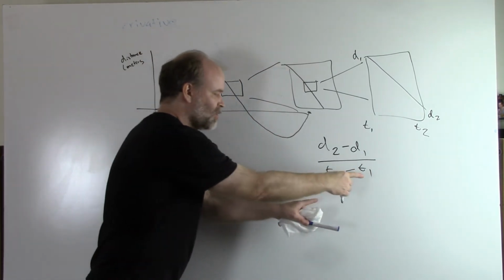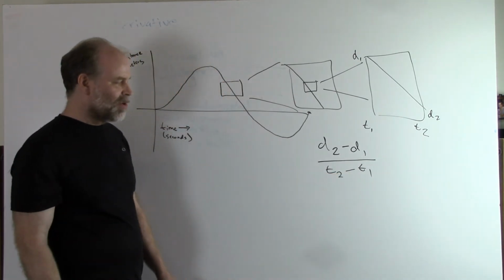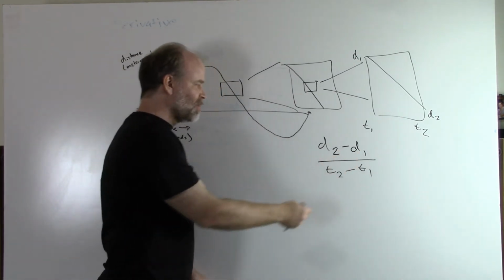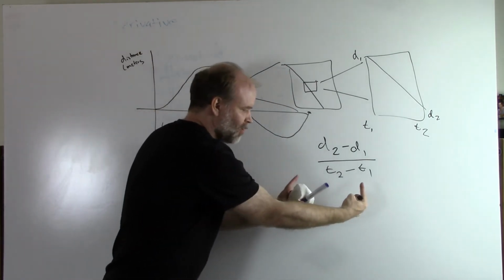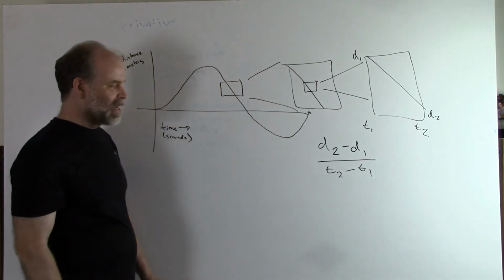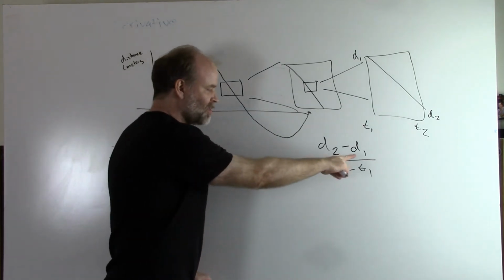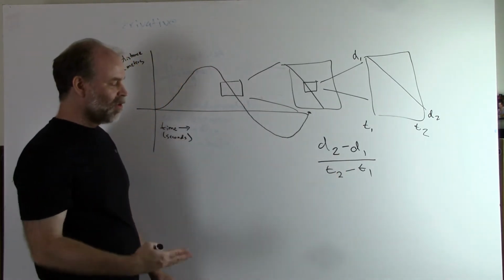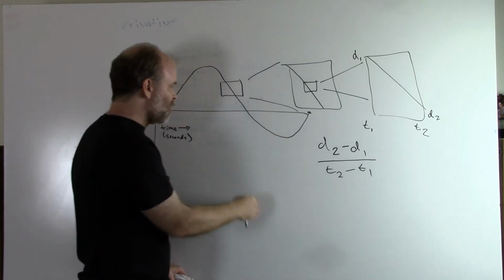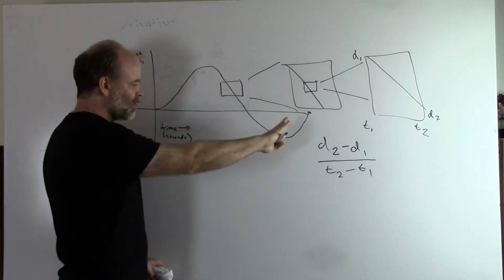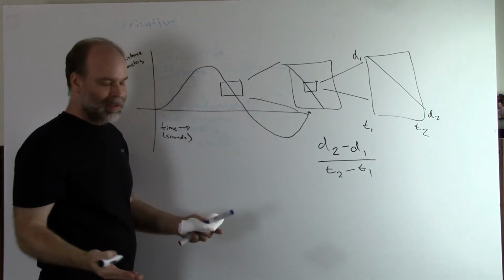So we can choose these 2 points in time arbitrarily. The distance is determined by our graph, and the closer we make those 2 points in time together, the better an approximation of the velocity that we get. And we can furthermore do this process anywhere along this curve at any 2 points in time that we want.